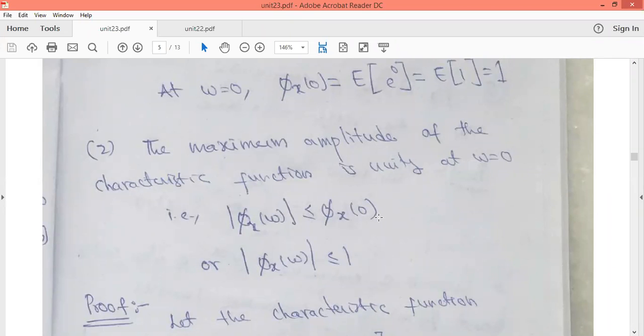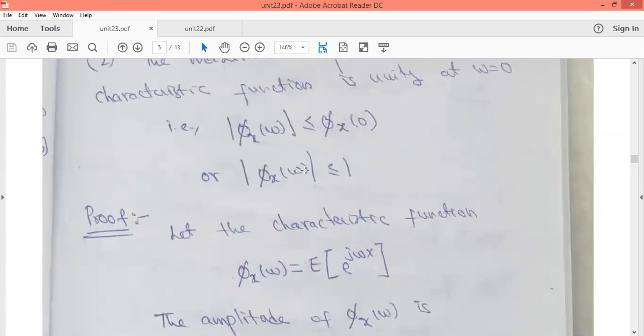We have just discussed that phi x of 0 has the value 1. The value of the characteristic function at any other location will be less than or equal to the value at omega equal to 0. That is our second property.